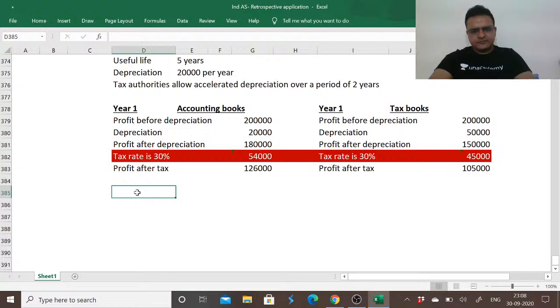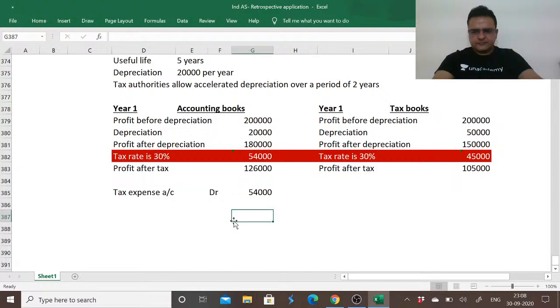So for this difference, we'll recognize a tax expense of 54,000, but tax payable is not the entire amount of 54,000, it is only 45,000 because that is the current tax.